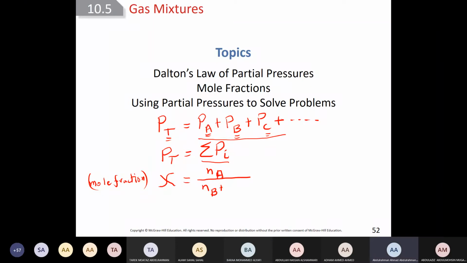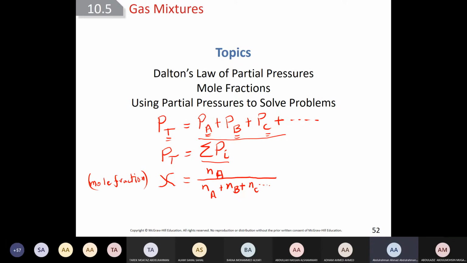A plus number of moles of B. Total. We cannot say total, because each one we have to calculate ourselves, number of C and so on.